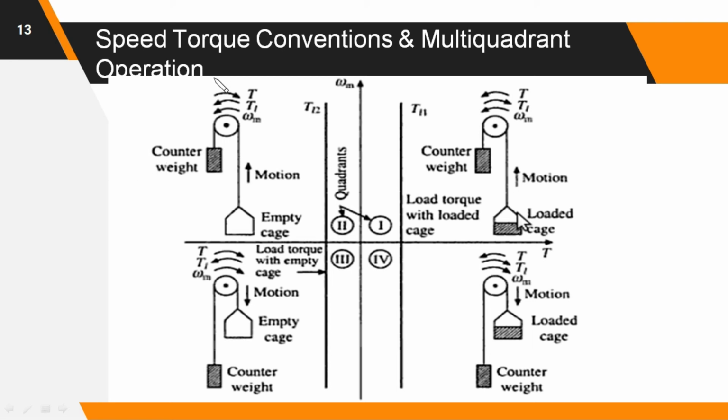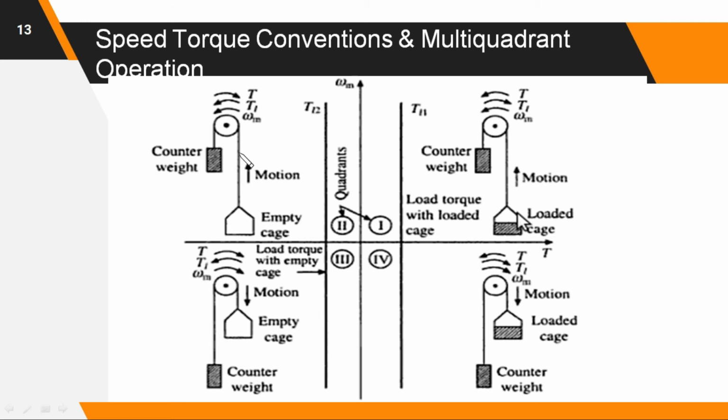So from the three arrows we can see that omega m is in the anti-clockwise direction and the torque produced by the motor is opposite to that, therefore the power developed will be in the forward braking quadrant.